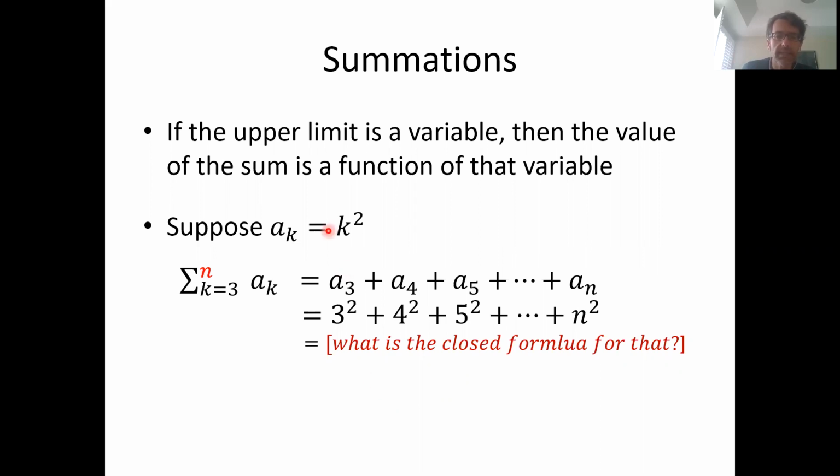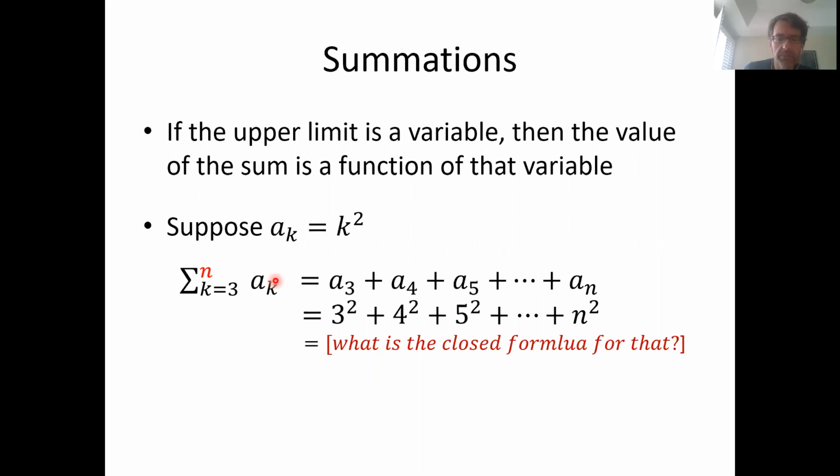Let's say that you have the same sequence of squares, and you can use the summation formula to define another function, but it's a function of n. Let's look at this formula.